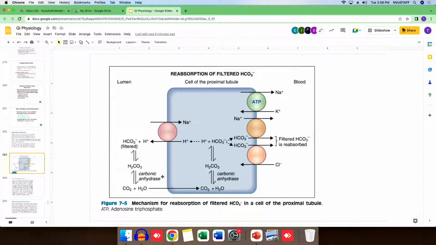The chloride, if you remember, is leaving here. We also have the sodium-potassium pump, which I'm not mentioning because I guess you know it.